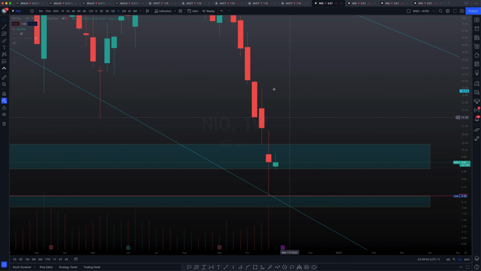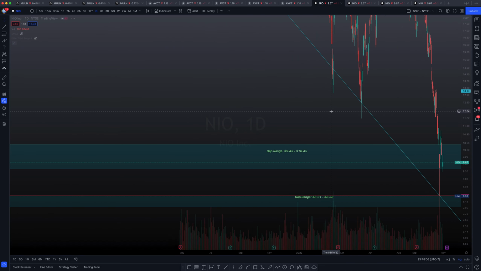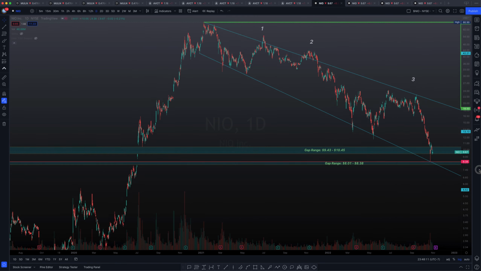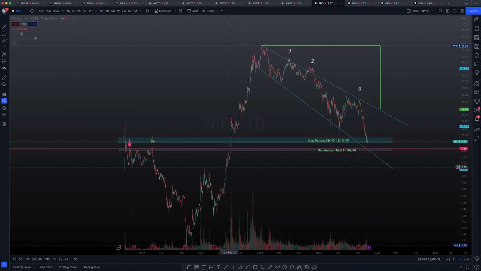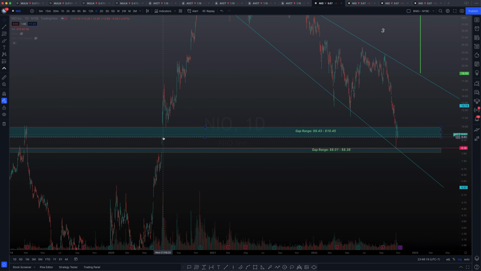Now let's move on to the daily and take a look at something very interesting within the price action here, you guys. And we're going to zoom out so that you can see what's going on. Now, this is the entire life of NIO stock. As you can see right over here, we have this massive gap with a range of 9.43 to 10.45, a whole dollar, right?